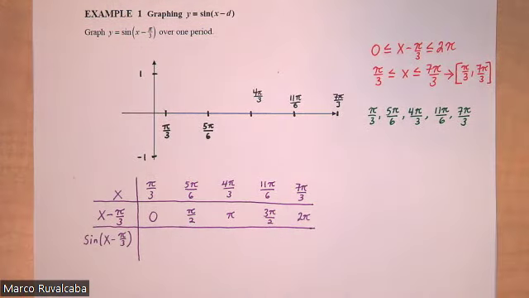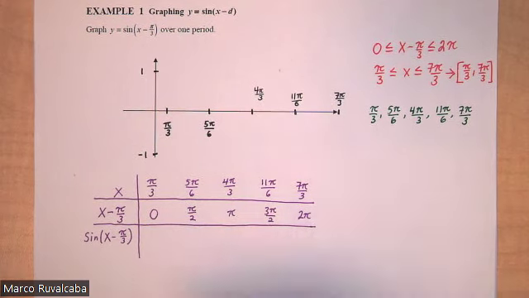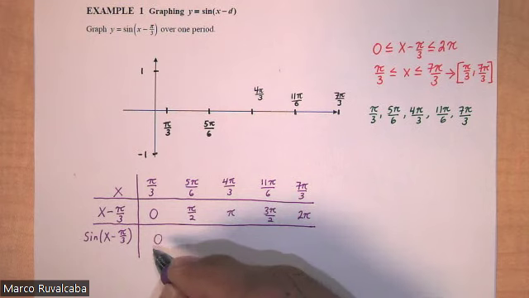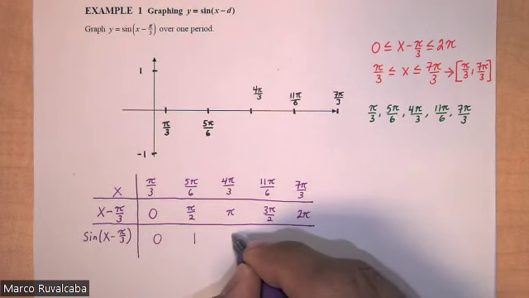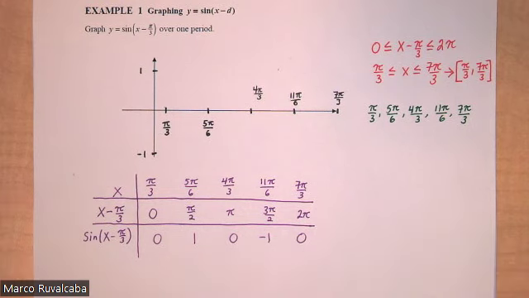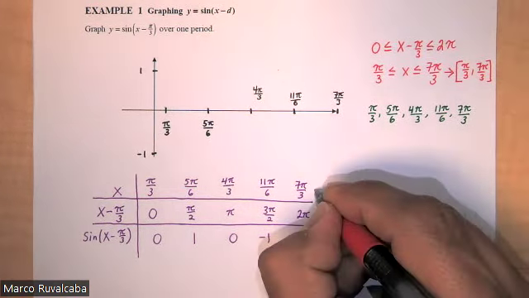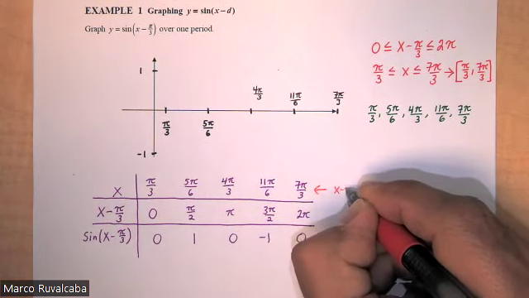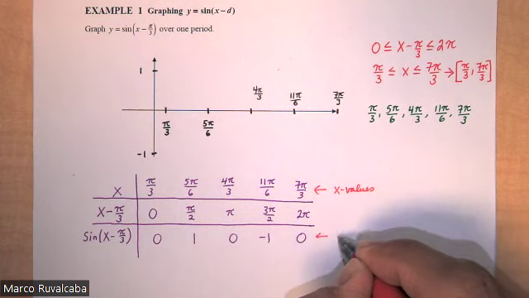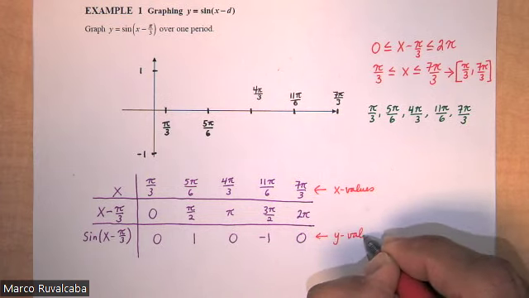And we can find the sine values of those, which are on the unit circle again. So the sine of 0 is 0, the sine of pi halves is 1, and then on we go, 0, -1, 0. And so these right here will be my x values that I'm going to graph, and these are going to be the respective y values.